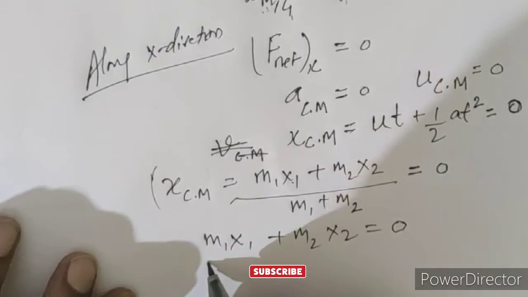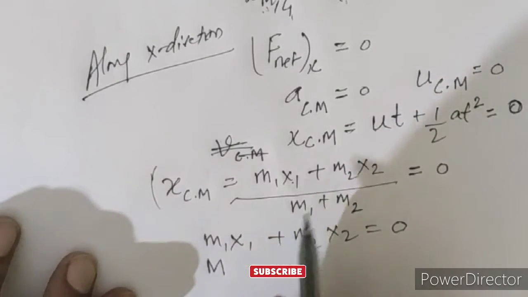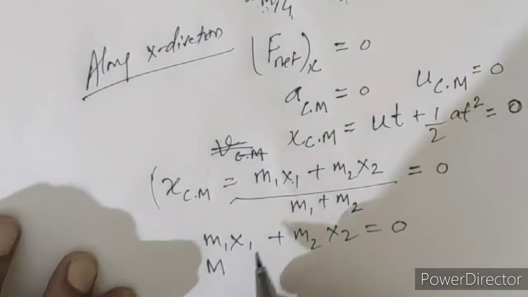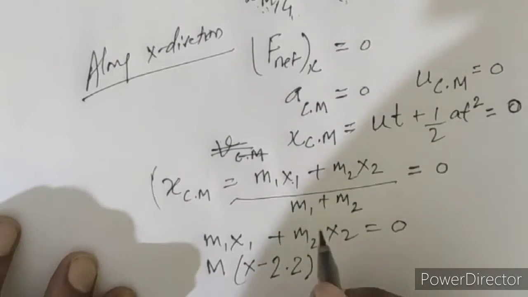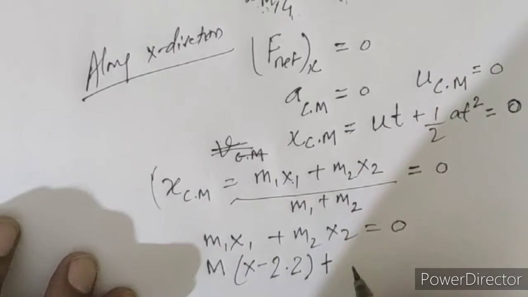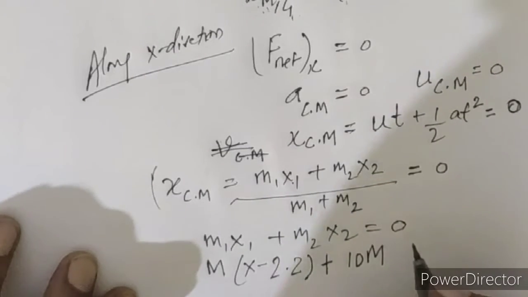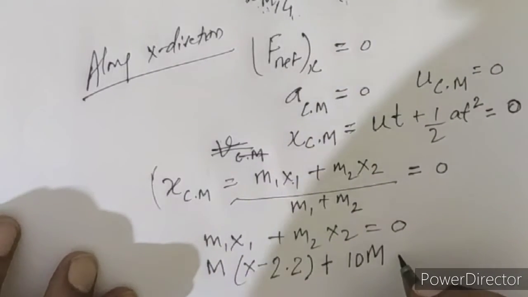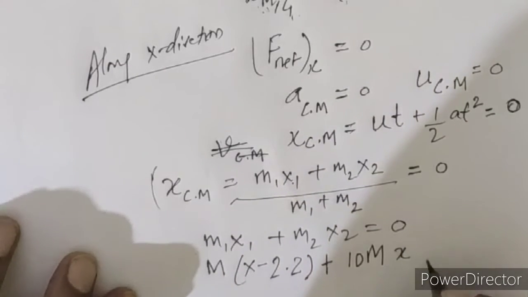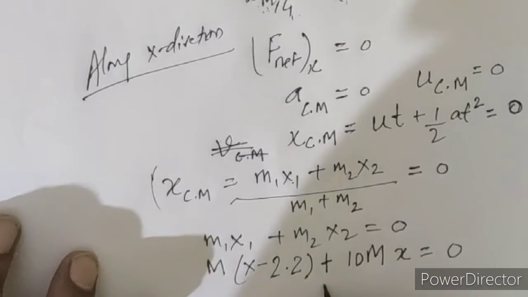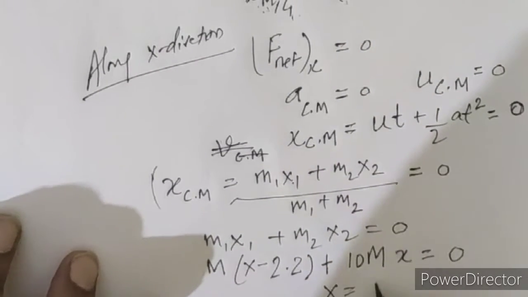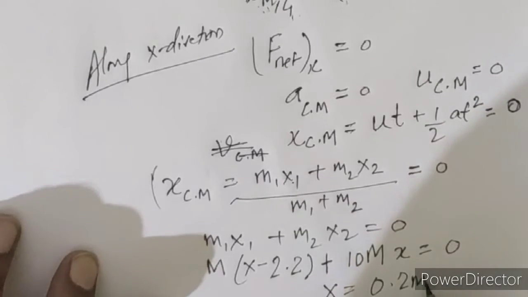We put m1 as m, x1 as x minus 2.2, m2 as 10m, and x2 as x in the forward direction, so this equals 0. If you calculate this, the value of x becomes 0.2 meter, and that's all.